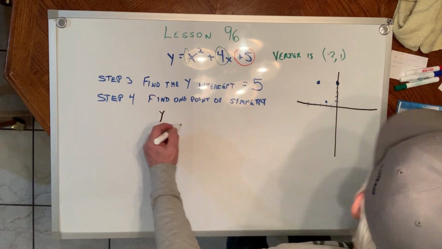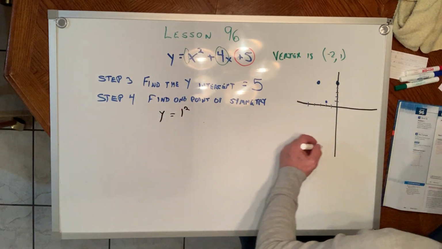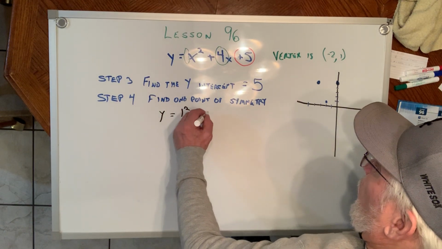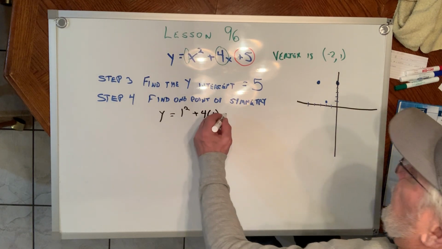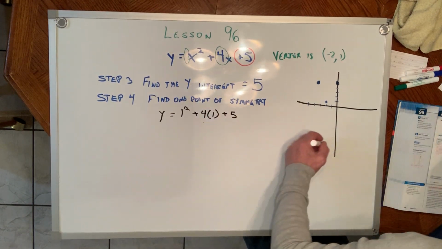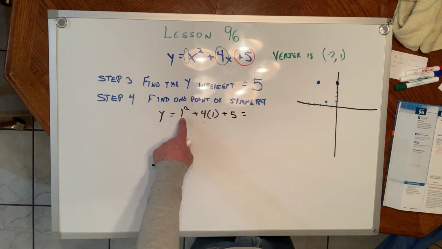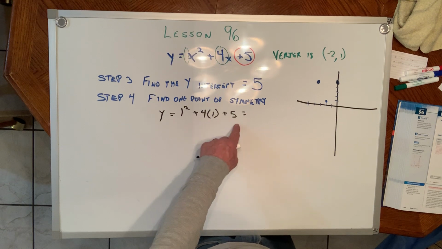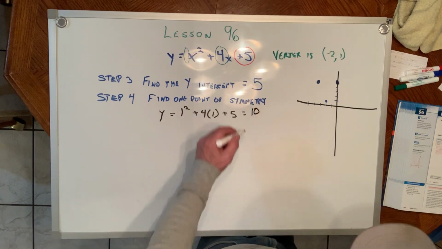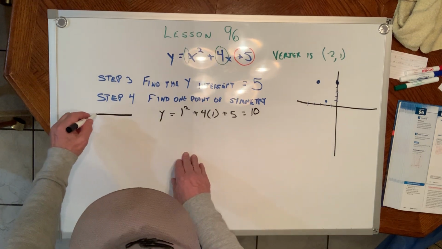So they ended up with y equals 1 squared plus 4 times 1 plus 5. And that will equal, well, let's figure it out. 1 squared is 1. 1 times 4 is 4. 1 plus 4 is 5, and 5 plus 5 is 10. Okay, so if we chose 1, you know, this is kind of like doing this. Remember this?